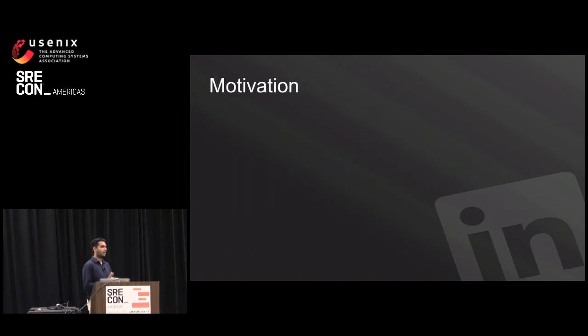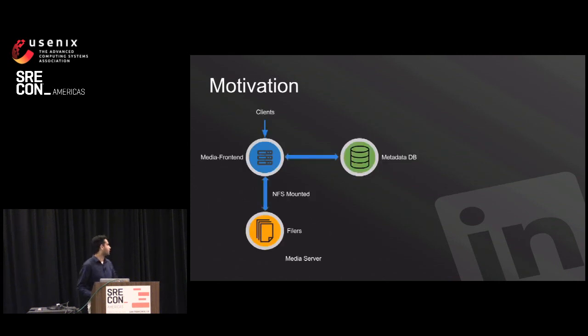Now, before we get into Ambry and what it can do, I'd like to talk to you about what made us decide that we needed something new, basically our motivation. So back in early 2012 or 2011, we were using some sort of legacy system known as media server. This is kind of how it looks.